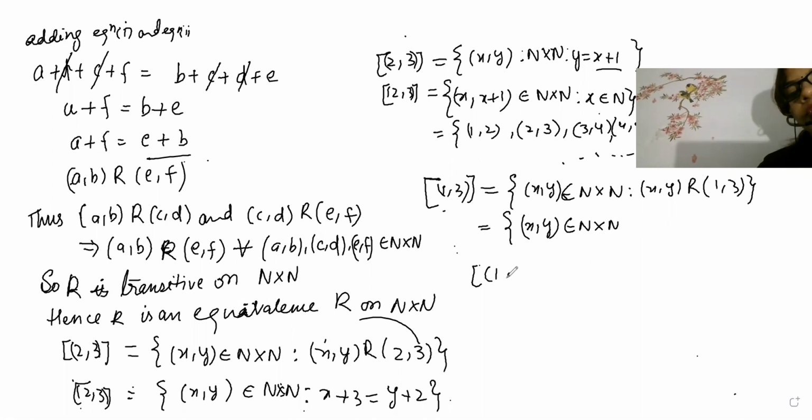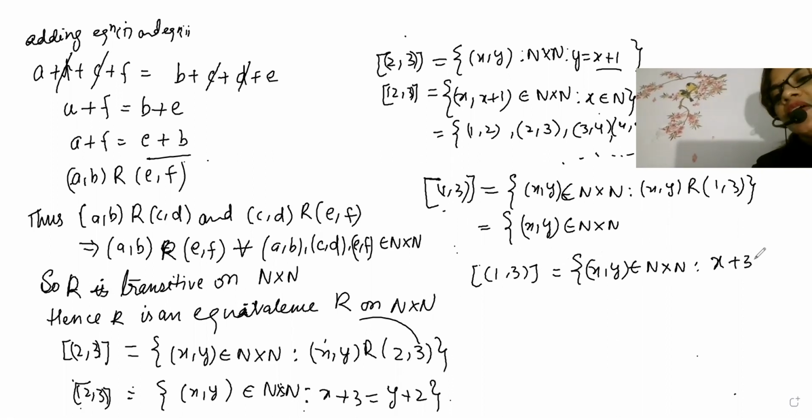So here (1, 3). Now change it. That means (x, y) belongs to N cross N, such that x plus 3 will be equal to y plus 1. Again, try to write y in terms of x.